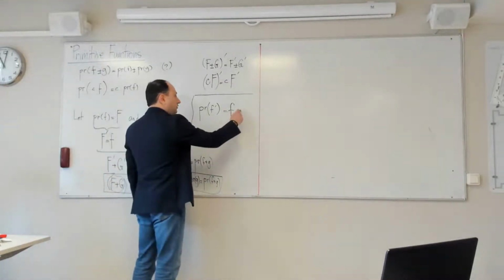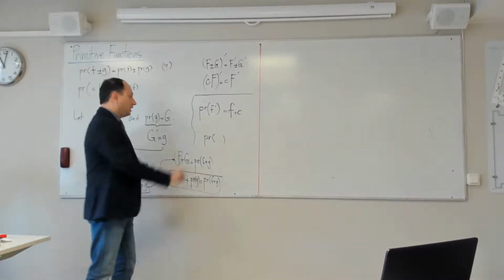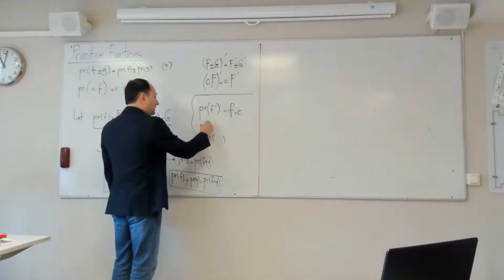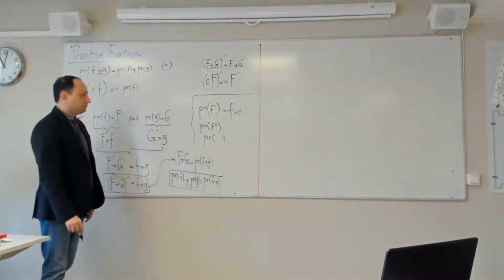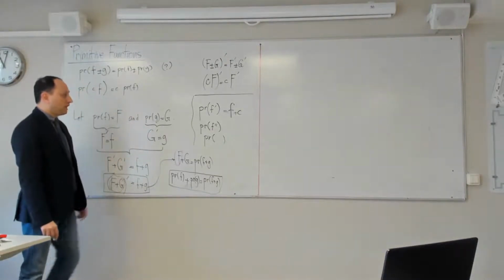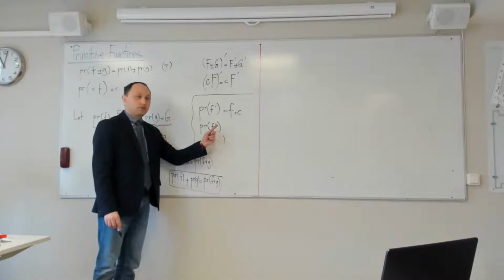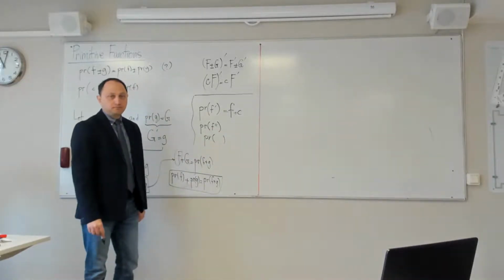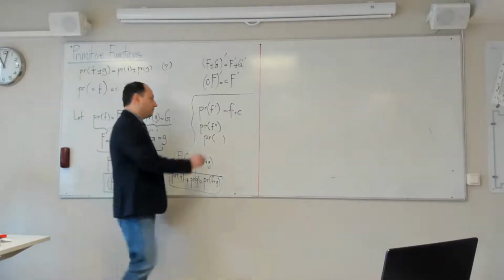So you can write f plus c, any constant. Okay, let me ask you again. I am asking you, give me a function whose derivative is f double prime. f prime plus c, exactly.